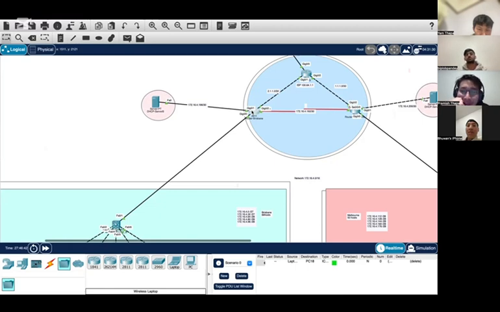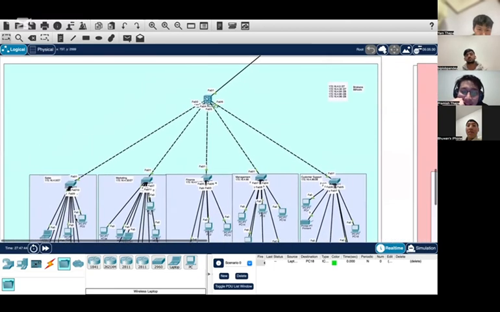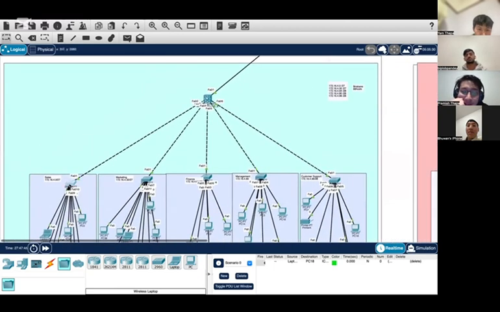After that we'll be doing the switch port security. We'll be doing switch port security on each switch. On each switch, we have set switch port security with a maximum of 5, which means that from one Ethernet port, we can only connect up to 5 PCs, which means 5 MAC addresses.